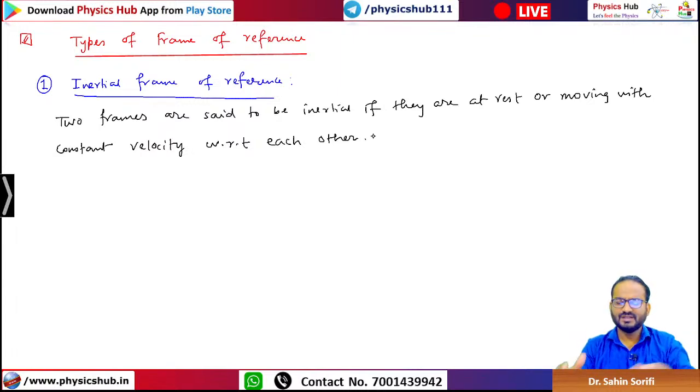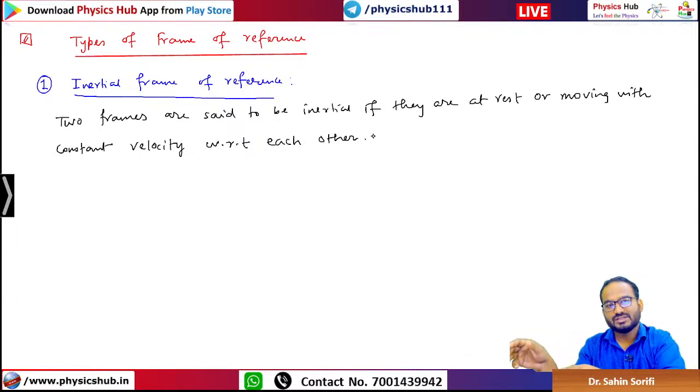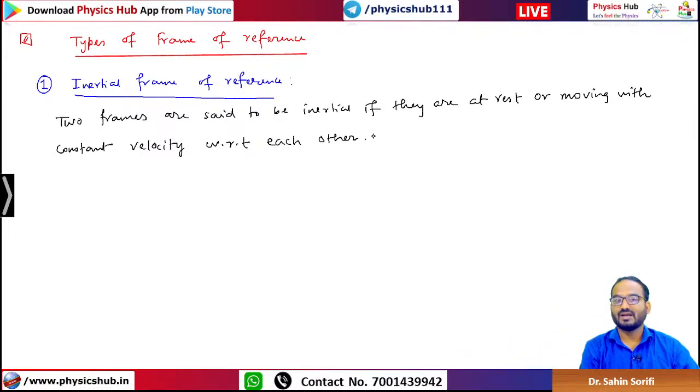If you are at rest, you are at rest with respect to someone. Okay, let's say two trains are moving side by side. Now if they are moving with constant speed, a person sitting on one train will see the person sitting on the other train stationary. But a person standing on the ground will see that person moving. So we need to define a frame with respect to which we are observing.